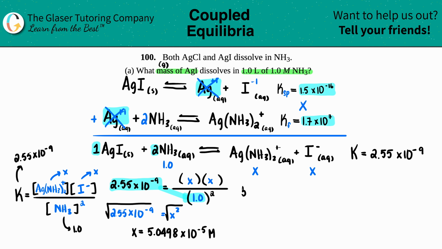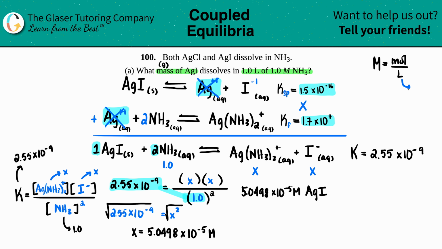So I have 5.0498 times 10 to the negative 5th molarity of AgI. Well, now how do I go from a molarity to a mass, a gram? Well, I'm thinking molarity, they gave me liters, right? Molarity equals moles divided by liters.